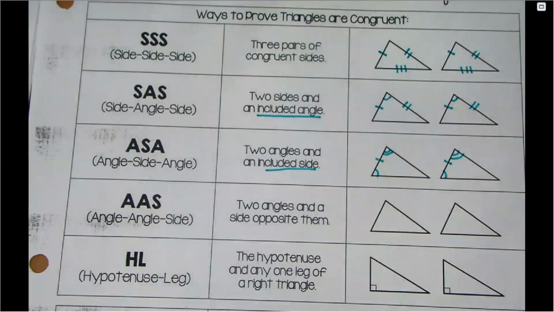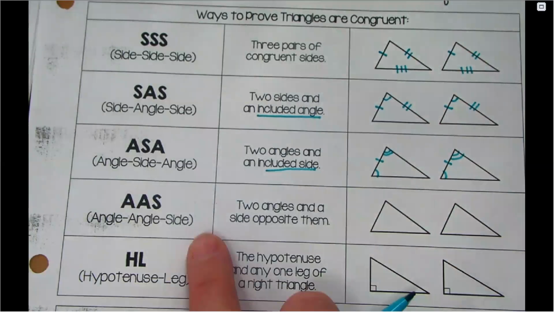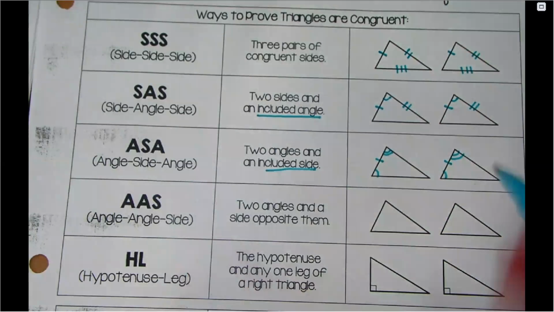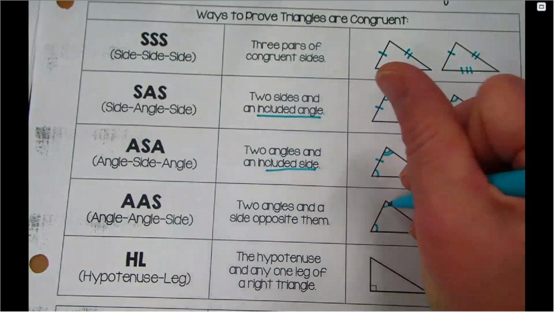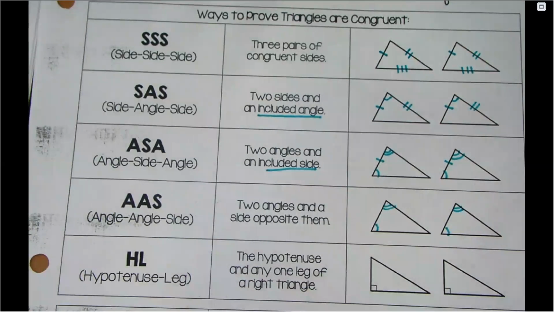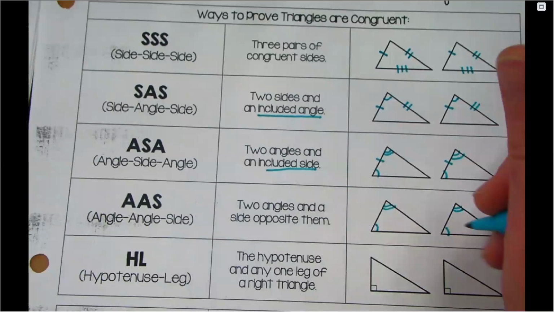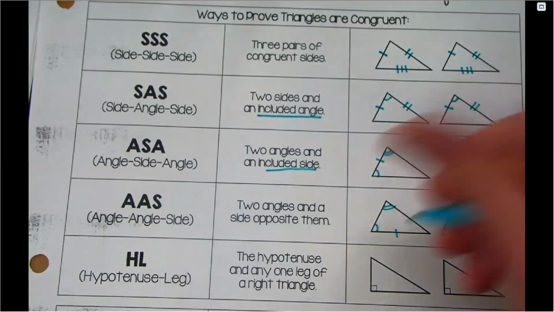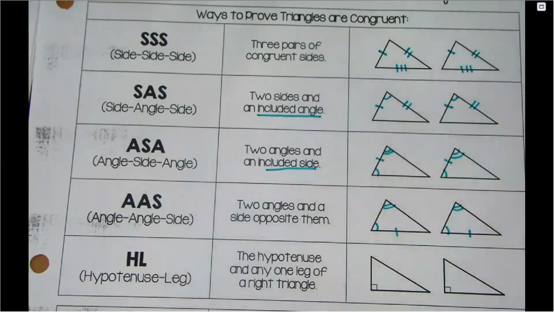This one is angle, angle, side, which is 2 angles and the opposite side. It could be either of the sides that's not included. So the only side it's not allowed to be is the included side, so I'll just mark this one. But if you know those 3 things, then you know that those are congruent triangles.